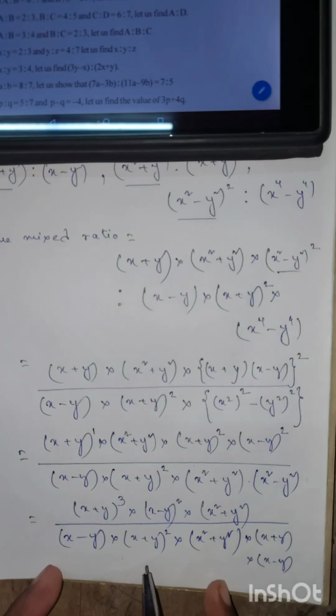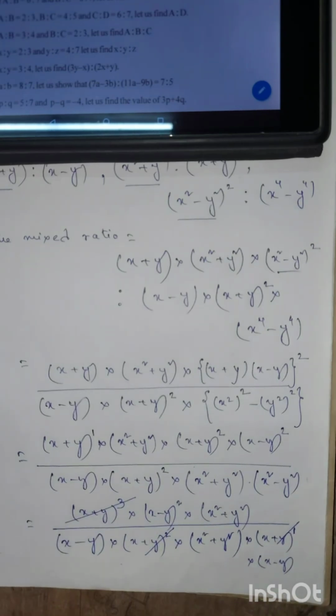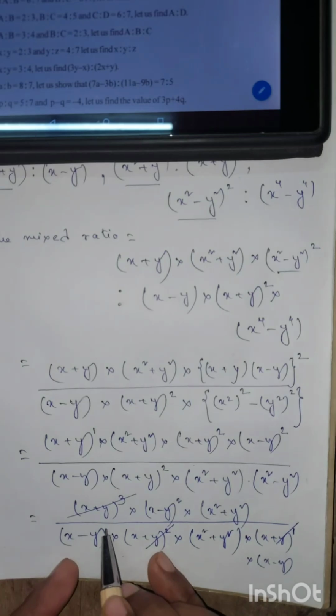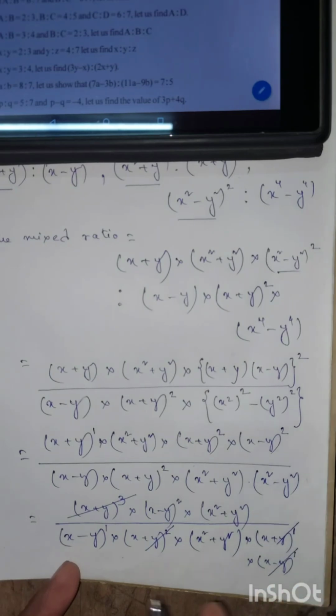So x plus y to the power 2 and x plus y to the power 1, so this is x plus y to the power 3. So it can be cancelled. Okay. So x plus y to the power 3 in the numerator and x plus y to the power 3 in the denominator can get cancelled. X minus y to the power 1, x minus y to the power 1, so when they are combined, we get x minus y to the power 2. So it can be cancelled.